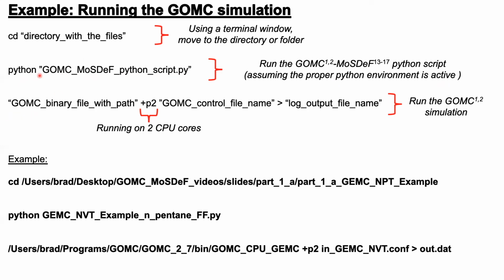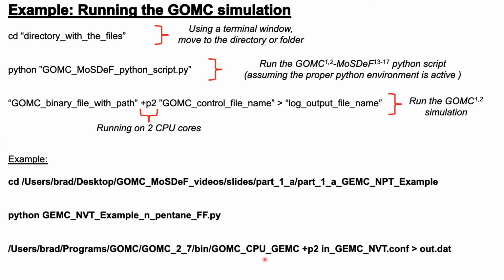And then after that's completed, you execute the GOMC command to run the GOMC simulation. You just select the full path with the binary file at the end. And that binary file is specific to CPU or GPU, whatever you want to run.